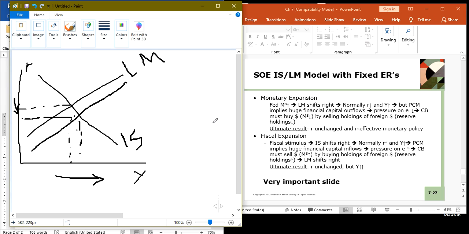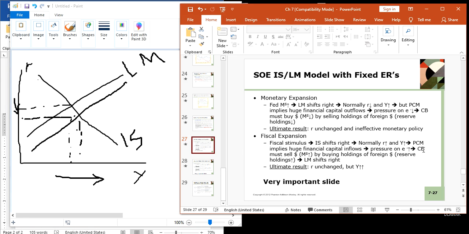But perfect capital mobility implies huge financial inflows, so this pressures the nominal exchange rate to increase. Central banks must sell dollars, so the reserves will be sold.